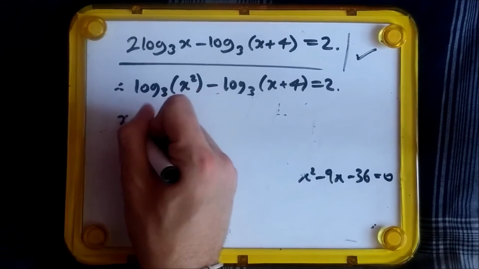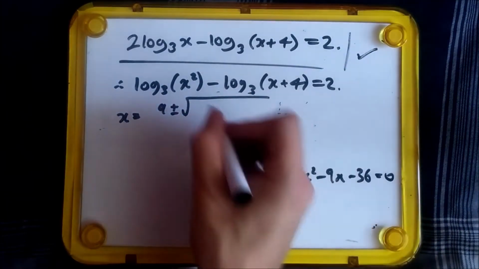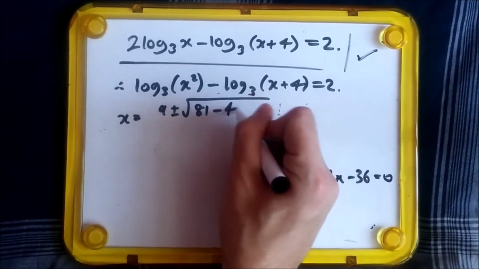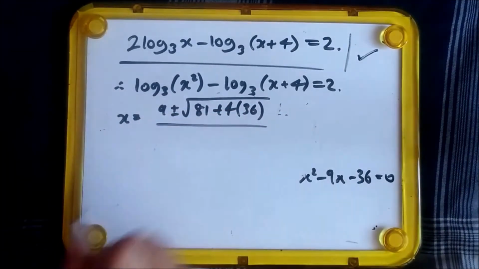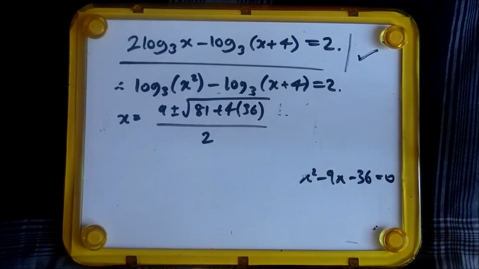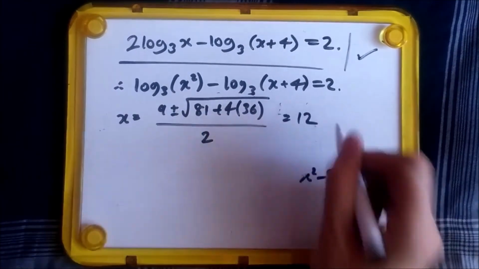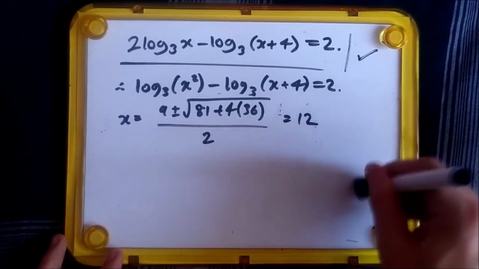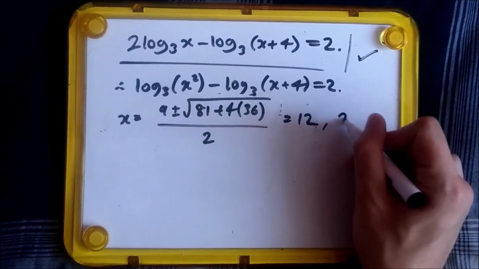So let x equal, we're going to get minus minus 9, so 9 plus minus square root of 81 minus 4 times 1 times minus 36, so 4 times 36, all over 2 times 1. Now just popping this in the calculator, we should get 12. Okay, so I was wrong, so you could make 36 and 9. Oh yeah, you could have. So you get 12, and of course the other one I'm just going to use my head is minus 3.